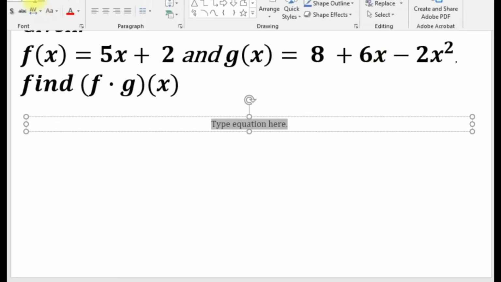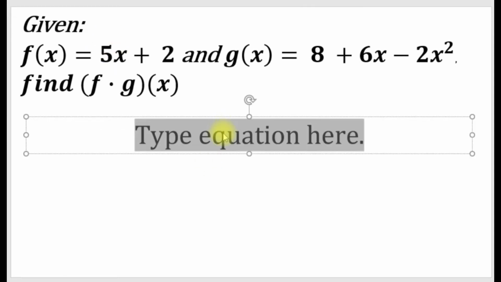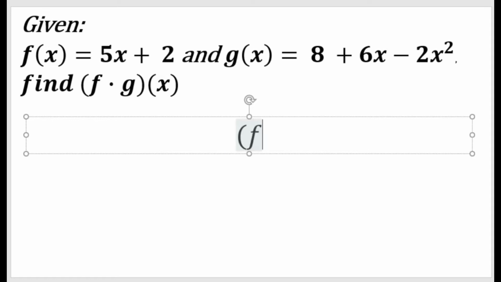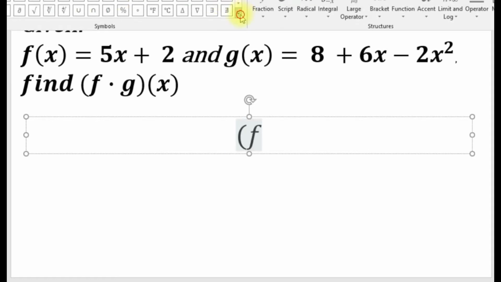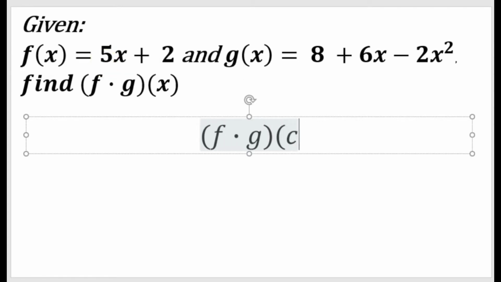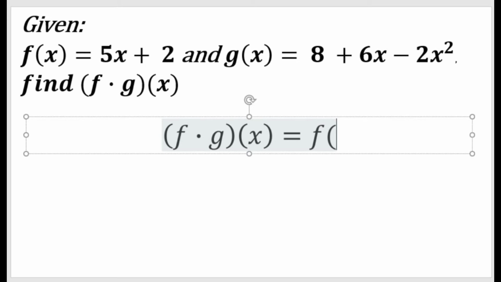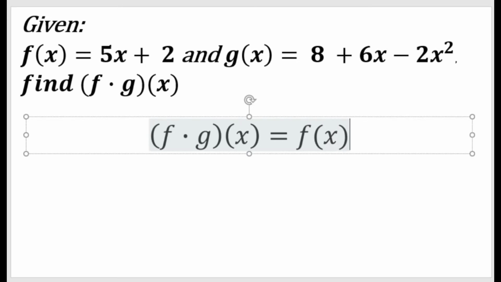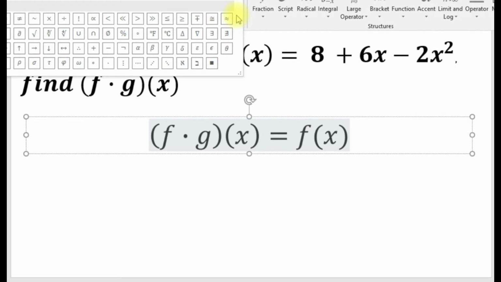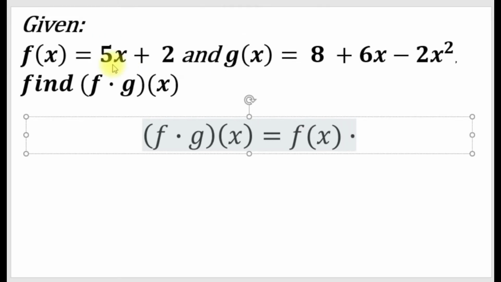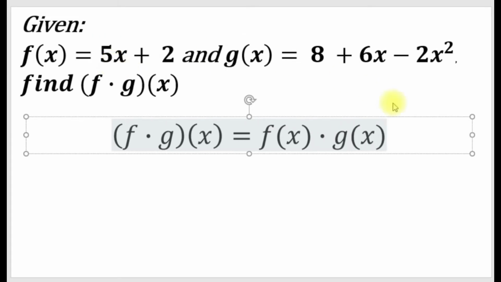So that is f dot g of x is equal to f of x times, or dot, g of x.